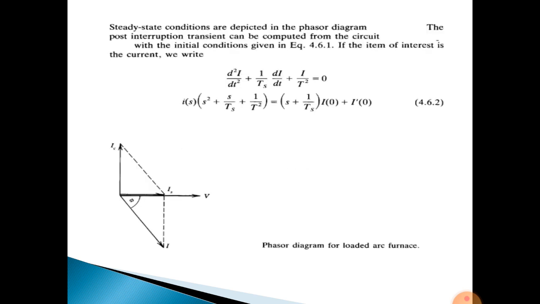Okay, next, the steady state conditions are depicted in the phasor diagram. In this phasor diagram, V is the reference line and IC is leading the voltage V. Next, in the initial condition, the current can be written as d square I by dt square plus 1 by Ts into dI by dt plus 1 by T square into I equal to 0.